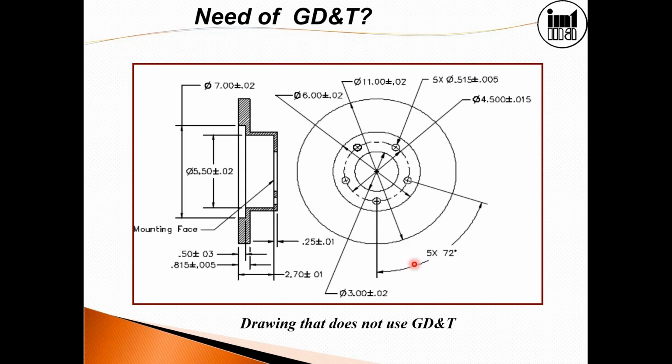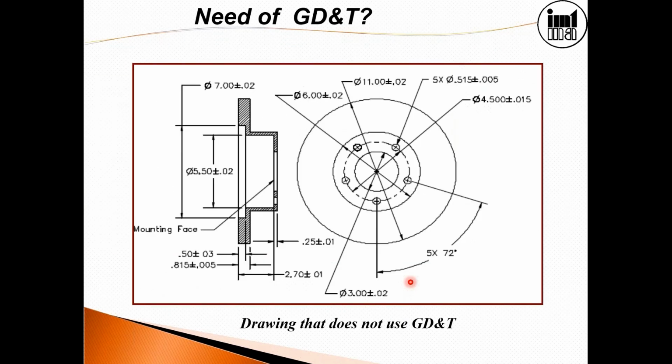Let us assume this drawing is given to the vendor. This vendor will go through the drawing. Let us say he quotes rough figures of about $500 for this particular part. He goes through this, understands all the requirements, and quotes about $500.